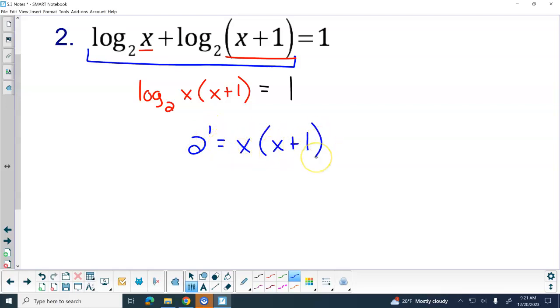Good job. Left side, 2 to the first power. What is 2 to the first power? 2. Right side, x times the quantity x plus 1. What is that? X squared plus x. So this is really 2 equals x squared plus x.